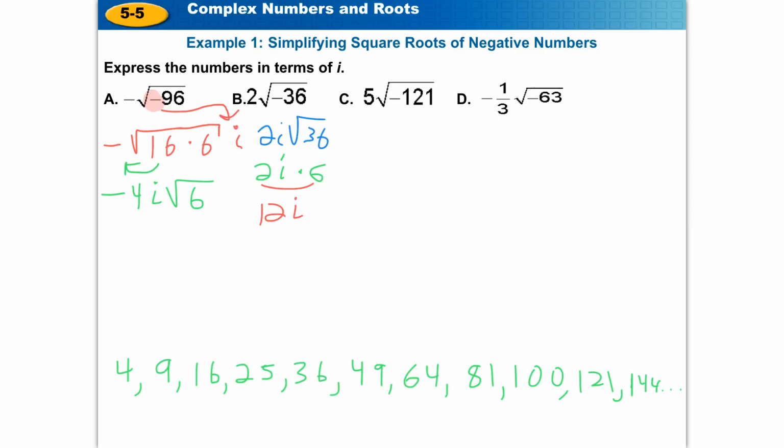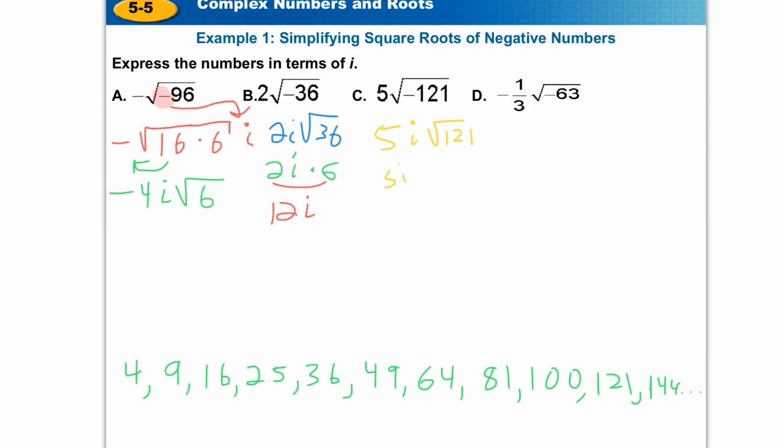Same thing here, the negative inside the square root becomes i, so we'll have 5i. The square root of 121 is 11, so we'll have 5i times 11, and 11 times 5 is 55i.